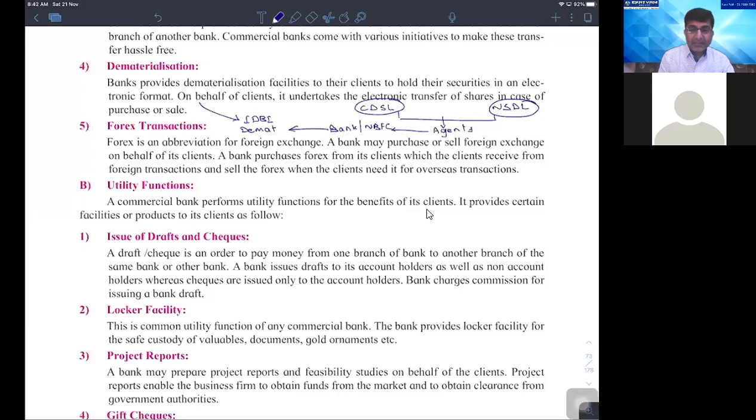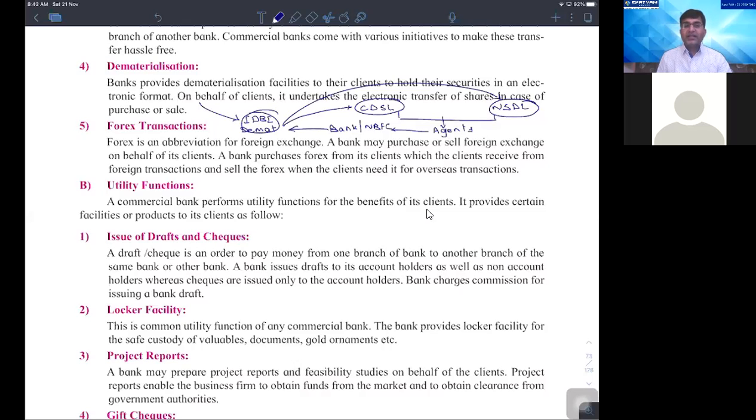So what will happen? I am having the account with IDBI and IDBI is having the account with CDSL or NSDL. And in that way, IDBI is allowing me to purchase and sell the securities, and they are maintaining the demat account for it. So this is how that particular thing works.